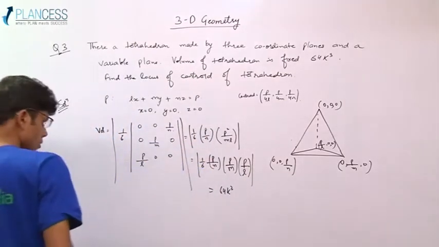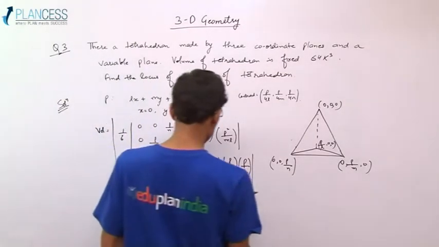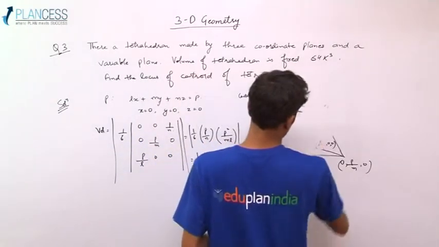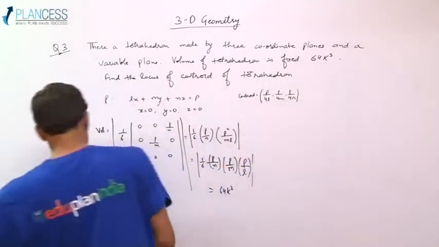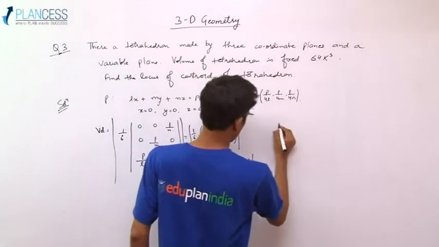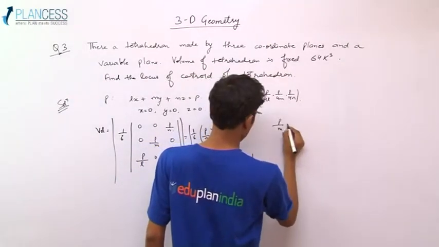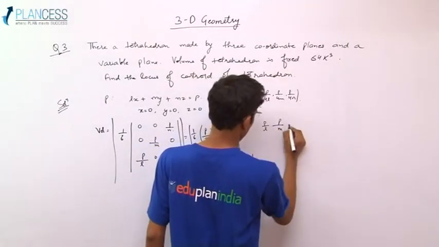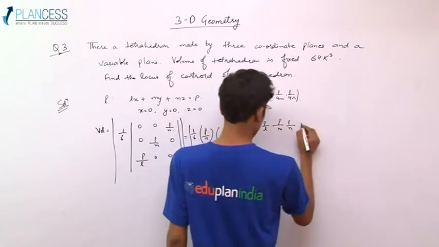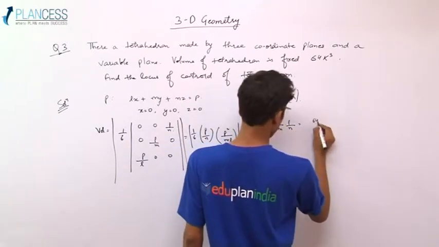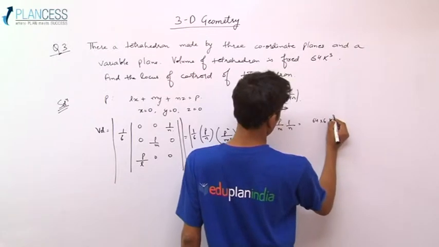So what I get is p by m, p by l and p by n is equal to 64 into 6 k cube.